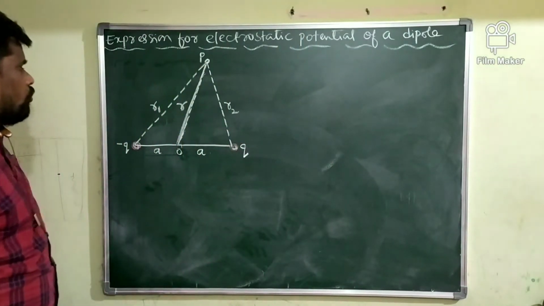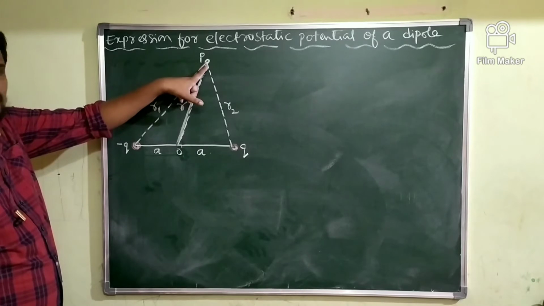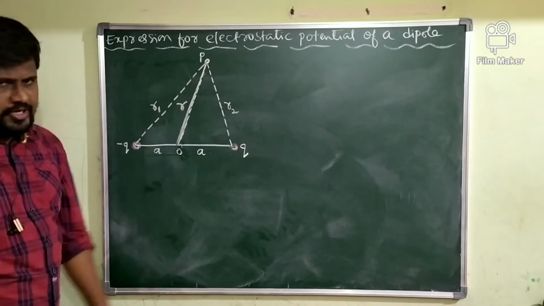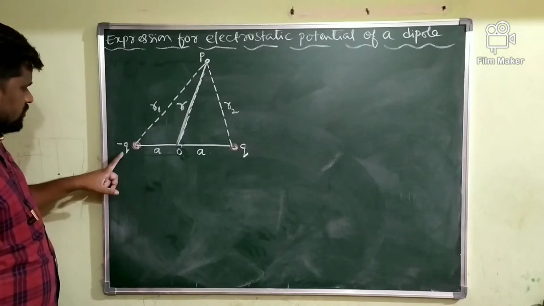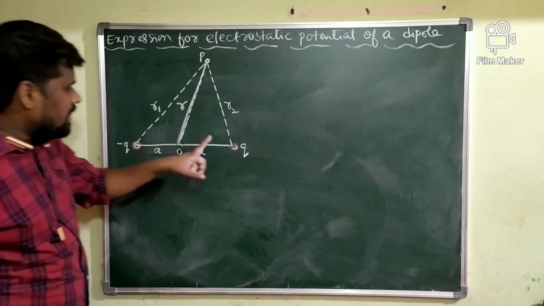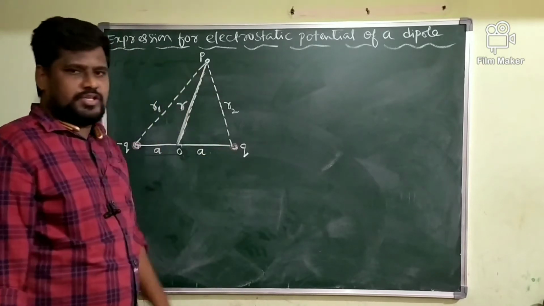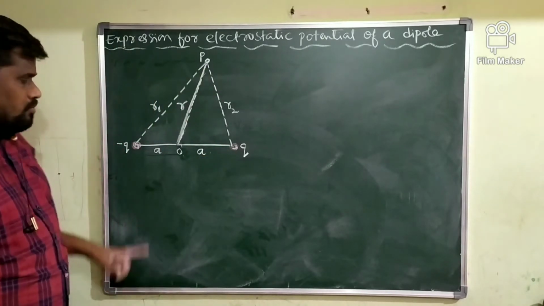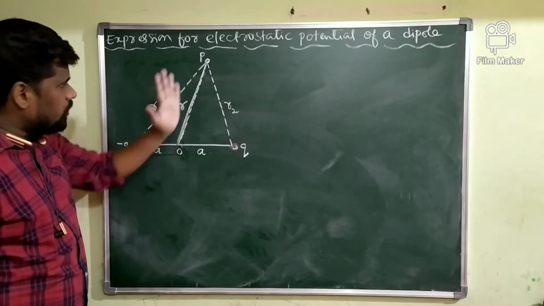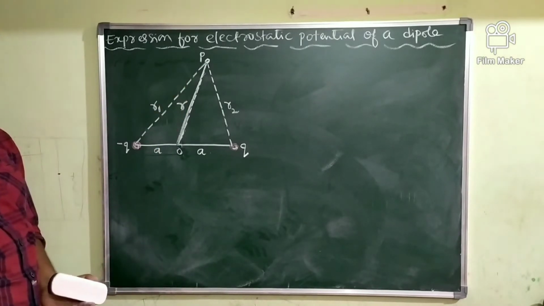Let me know how many potentials are at point P. At point P, I have two potentials. One potential is due to minus q charge and another potential is due to plus q charge.